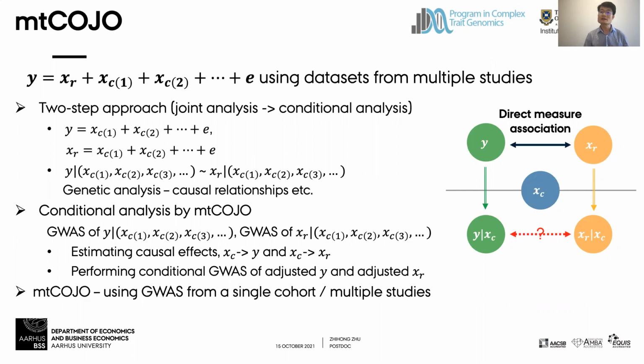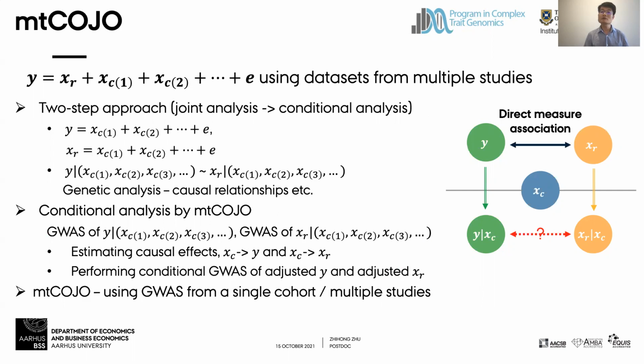Instead, we can achieve our goal by a two-step approach. The first step is to adjust both focal trait and risk factor for covariates. And the second step is to investigate the causality. The estimated causal relationship is then free of confounding with covariates.